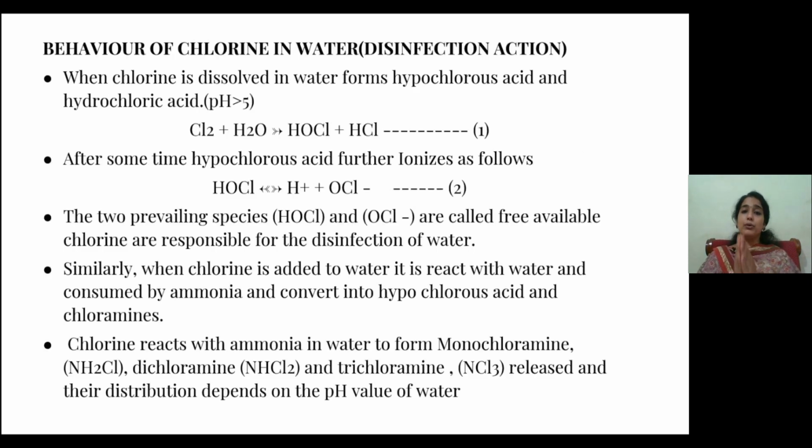Then, the behavior of chlorine in water, that is, the disinfection action of chlorine. When chlorine is dissolved in water, it forms hypochlorous acid and hydrochloric acid. Chlorine in gas or liquid form is the pure form, Cl2.